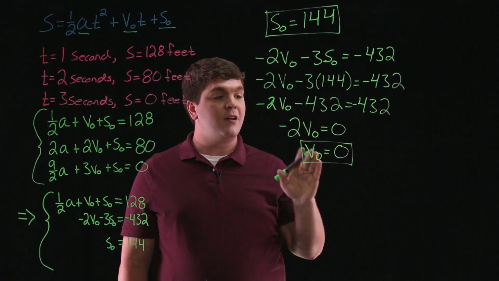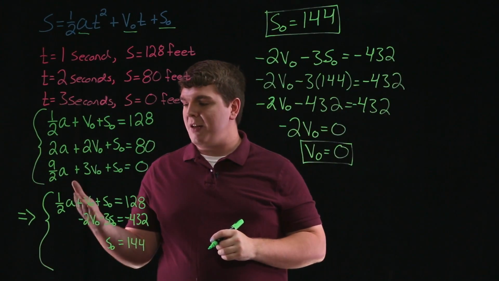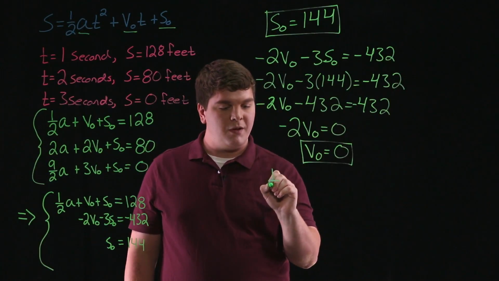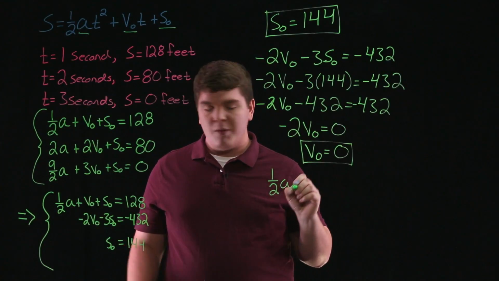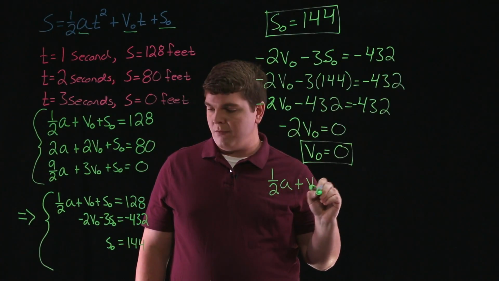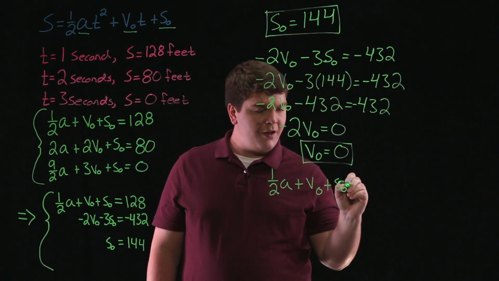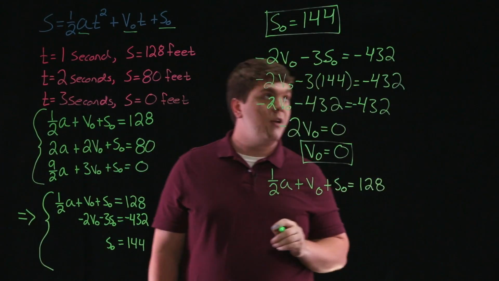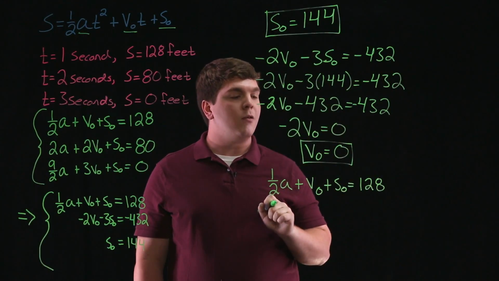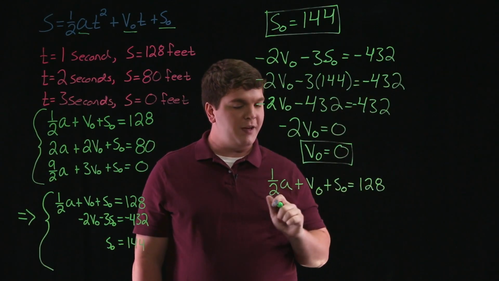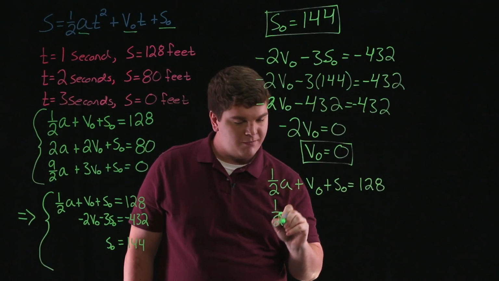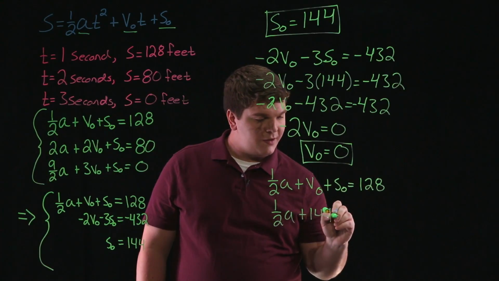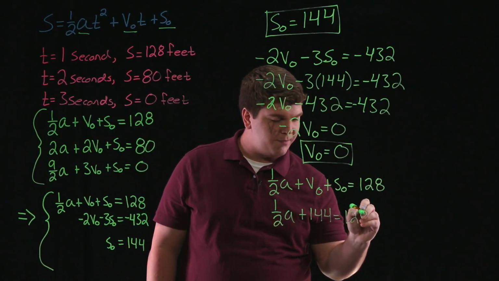So we have our values for S naught and V naught. Now we can substitute these into our first equation and solve for A. So our first equation is 1/2 A plus V naught plus S naught equals 128. So substituting 144 for S naught and 0 for V naught, we have 1/2 A plus 144 is equal to 128.